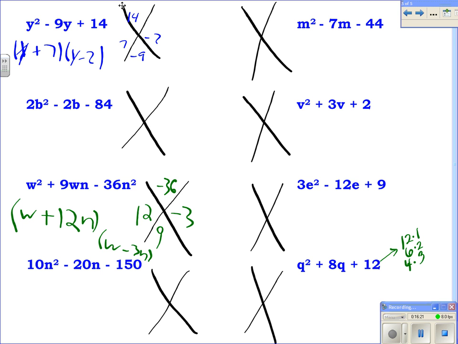You're super close. You need a -9. Right now you have a +5. Come up here and fix it. Somebody come fix it.